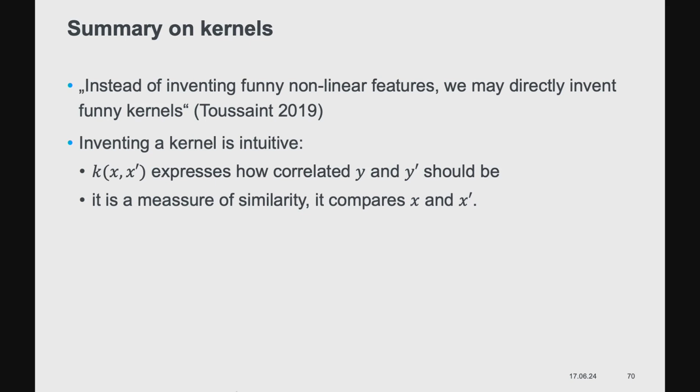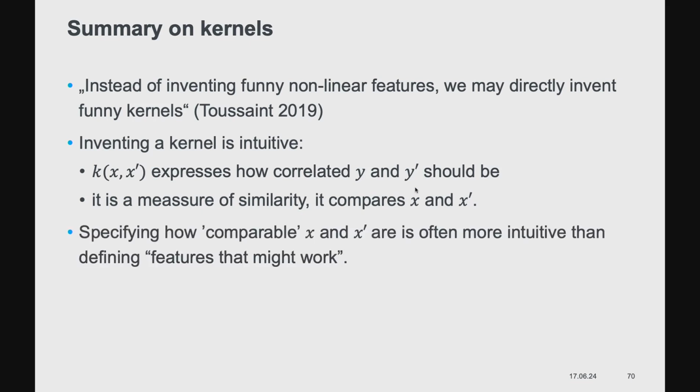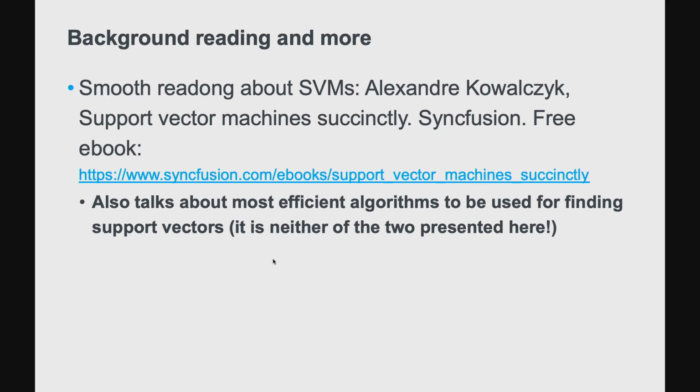I like this so much that I quote it here. And inventing a kernel is intuitive because you just express how similar x and x prime are in terms of the correct label annotations. And this is also often much more intuitive than defining the features that work.